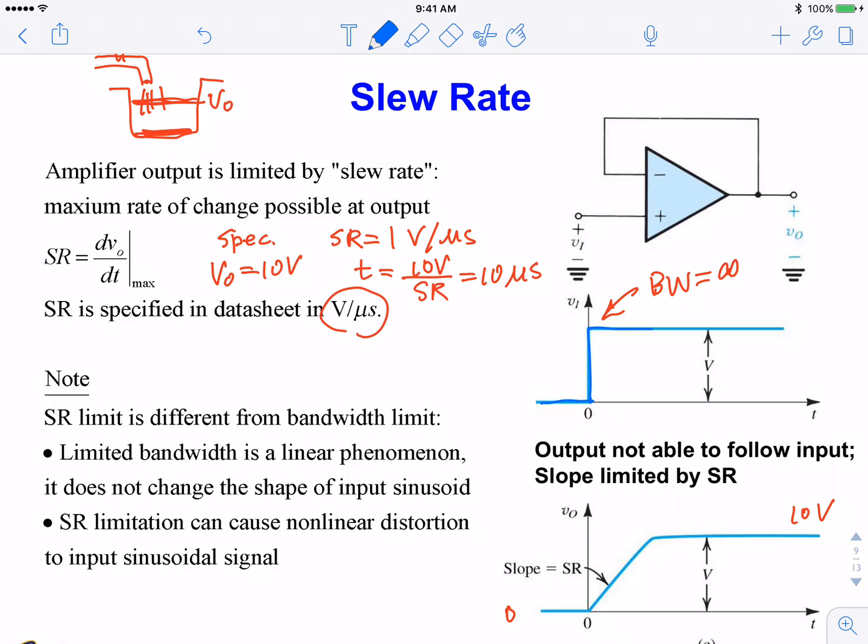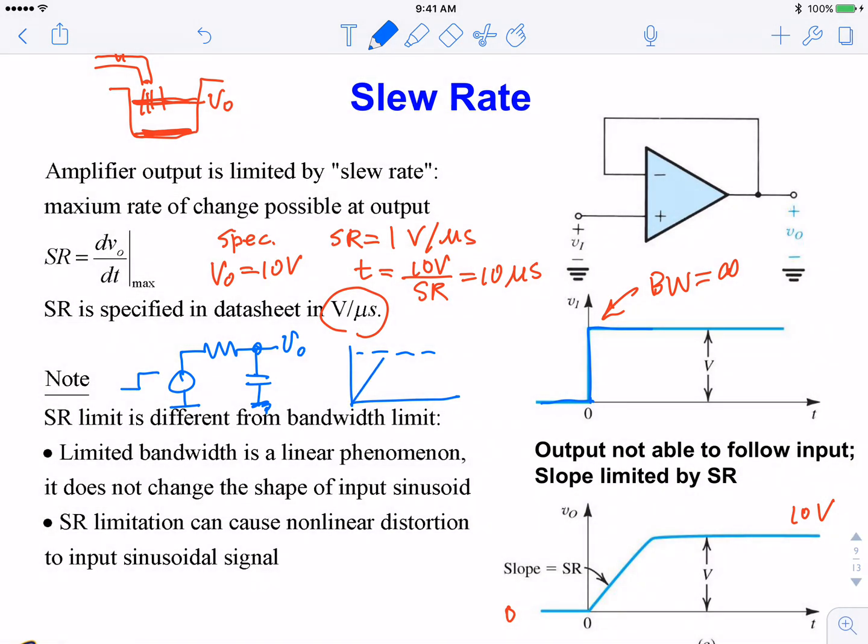Let's look at a simpler way to look at this. So we'll go back to our RC circuit here. If we apply a step function here, the output is going to approach the steady state value with an exponential function.